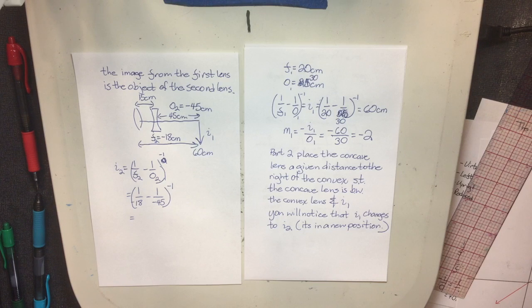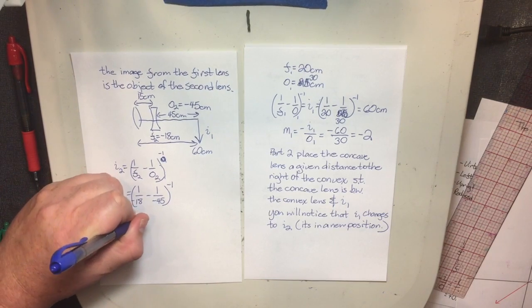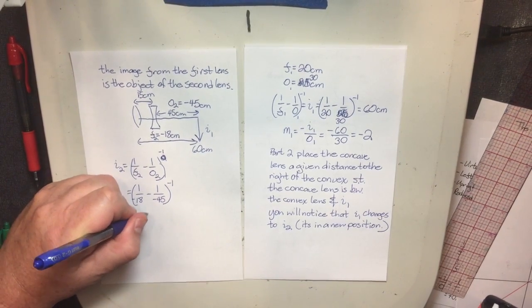So the answer that we get, please let the numbers work, is negative 30. Wow, that's an exact number. Impressive.